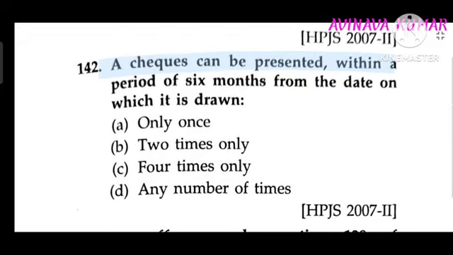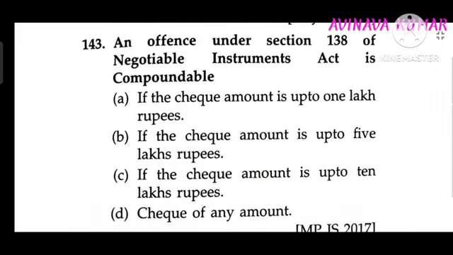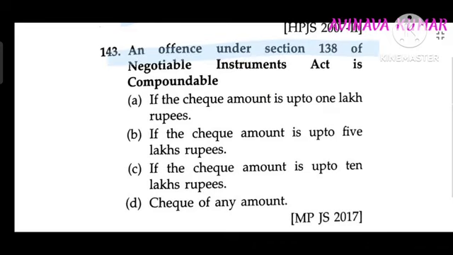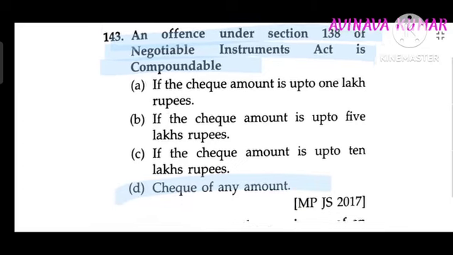A check can be presented within the period of 6 months from the date on which it is drawn any number of times. An offence under Section 138 of NIA is compoundable. Check of any amount.